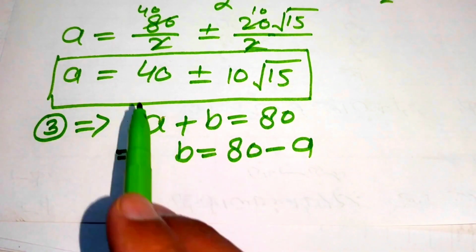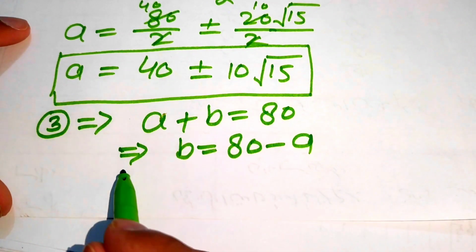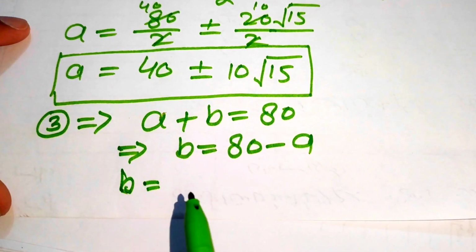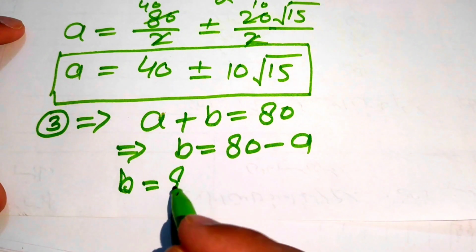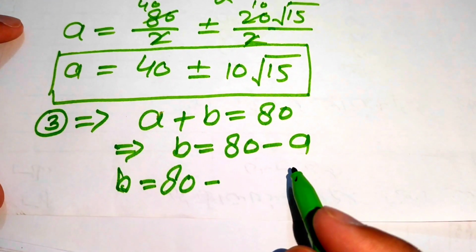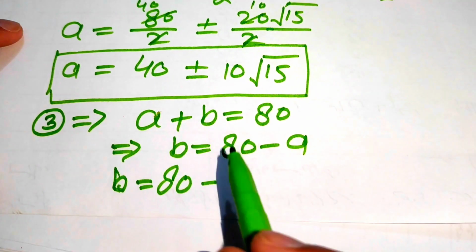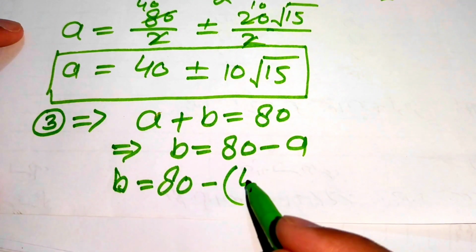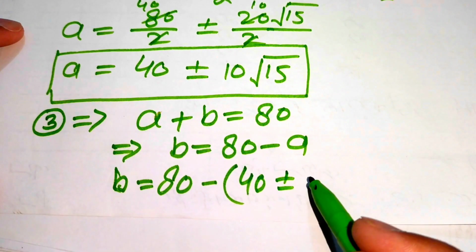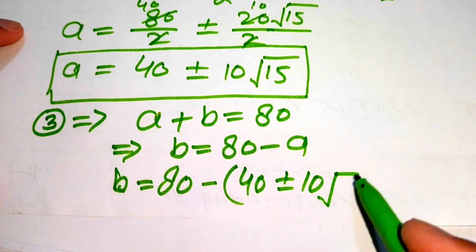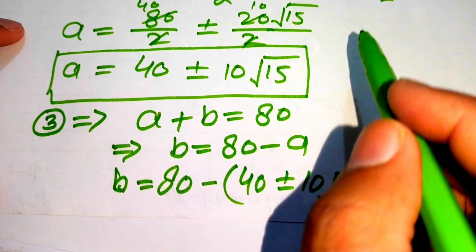Now we substitute the above value of a here, and we easily get the value of b. So we have b equals 80 minus a, and a is this, so we substitute it here: 40 plus minus 10 times square root of 15.